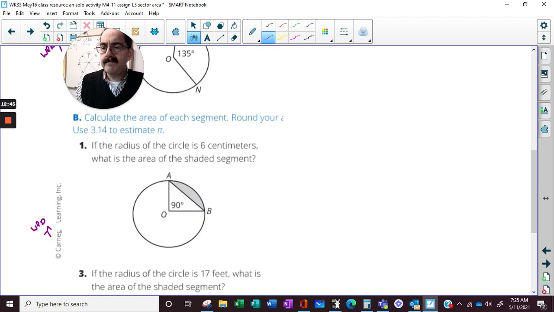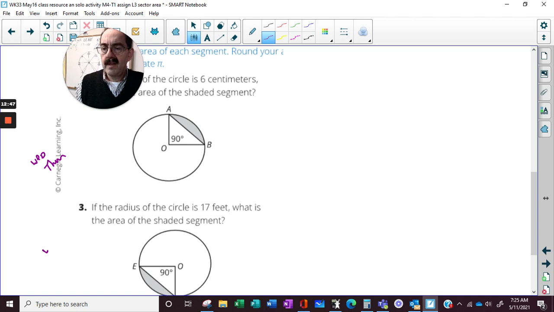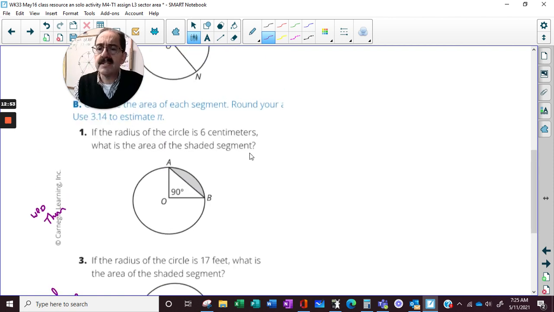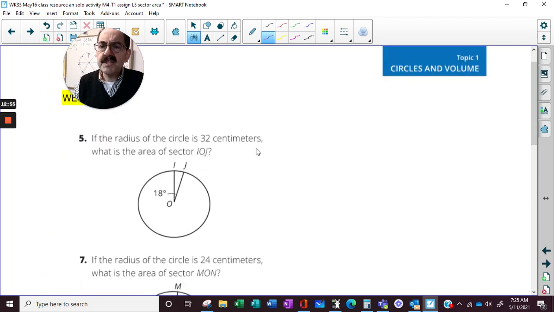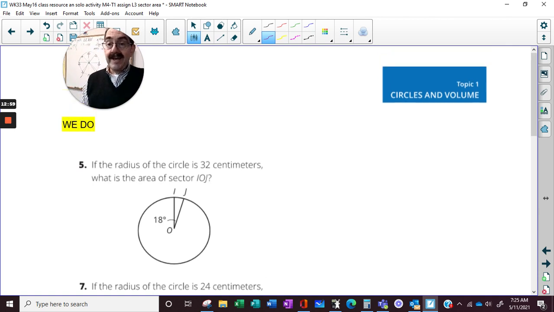These take some time, multi-step shaded areas. So let's do this one. This will be our last one for our Monday, Tuesday, because we have to have time to go hang up our universal circle shape tool.